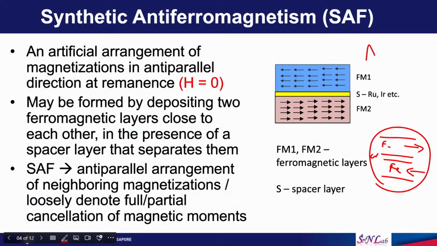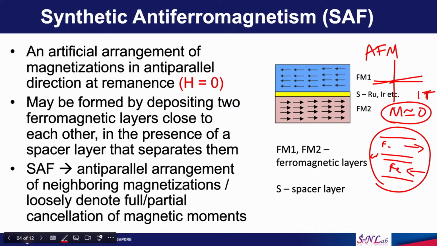If you take an antiferromagnetic material and apply some field, let us say a 1 Tesla field, you will see that the magnetization is almost close to 0. With 1 Tesla field you cannot do anything, the magnetizations of the neighboring atoms are still antiparallel, and the net magnetization is 0.